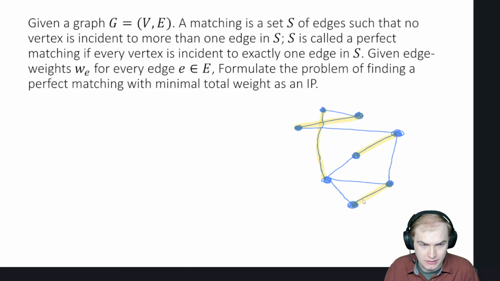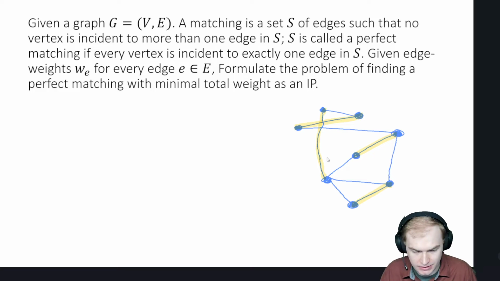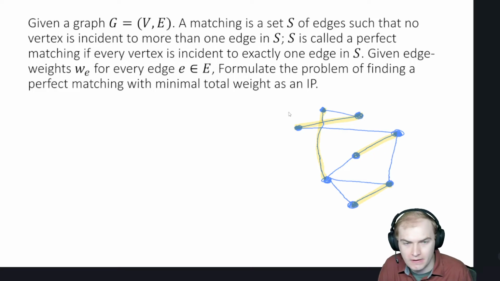This is useful for supply chain type things. Dating apps are perfect matchings. A whole slew of things. So we want to think about these as an IP.